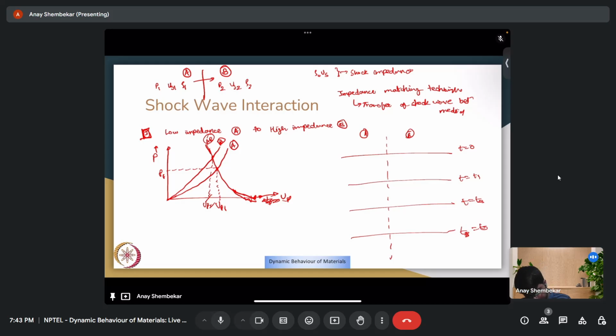Well, pressure pulse P1 approaching the interface. Then it hits the interface, creating an increase in pressure at the interface because B has higher impedance.